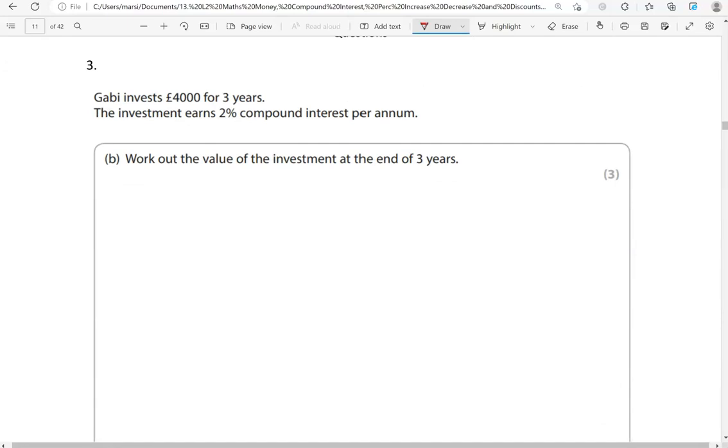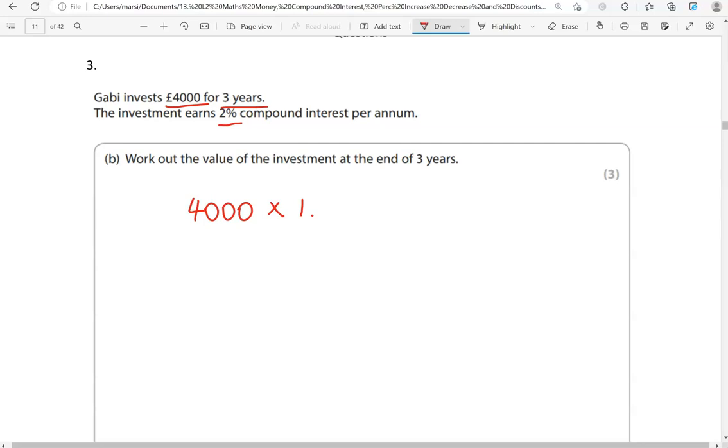Gabby invests £4,000 for 3 years. The investment earns 2% compound interest per annum. So that is per year. Work out the value of the investment at the end of 3 years. So in the previous compound interest questions, we broke it down based on each year. But now we can use a calculator, so we can use the formula, which goes initial investment, which is £4,000, times the multiplier here, which is 1 point something.